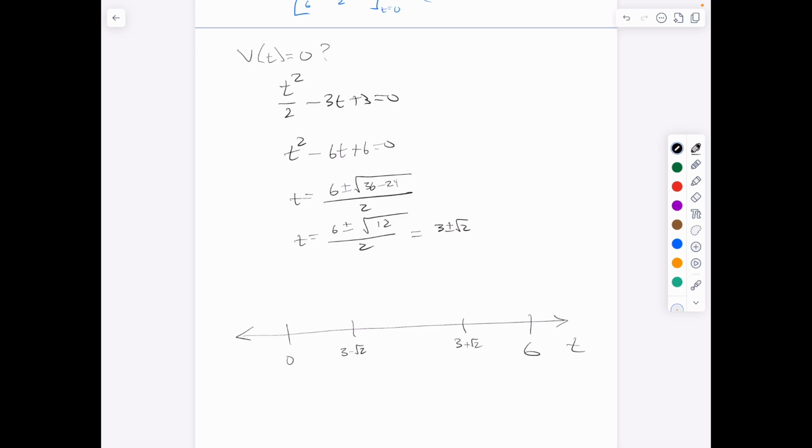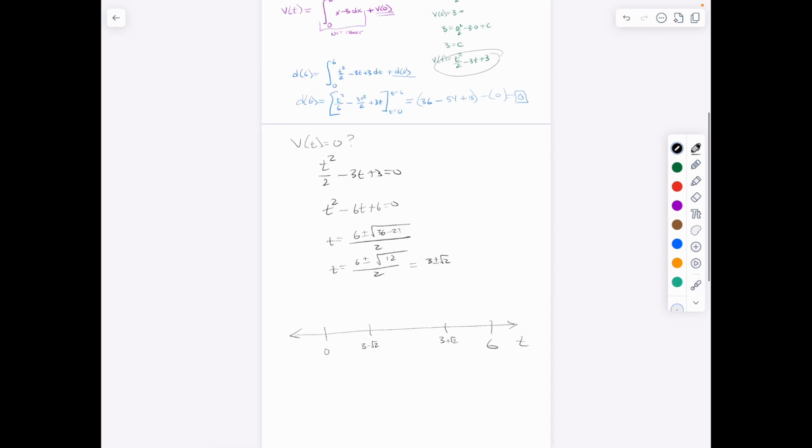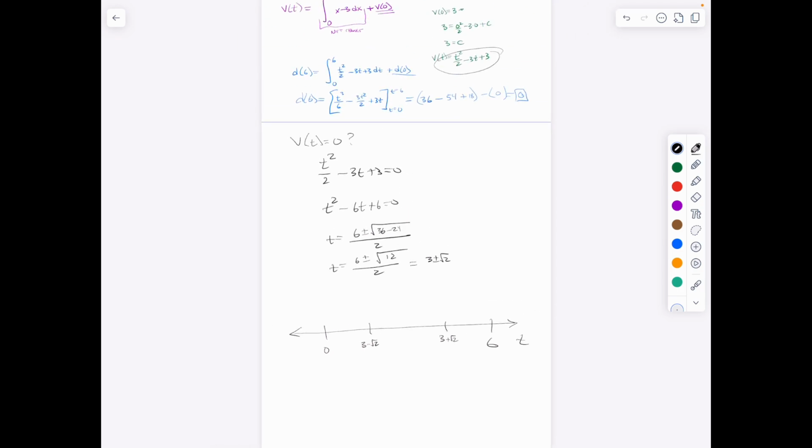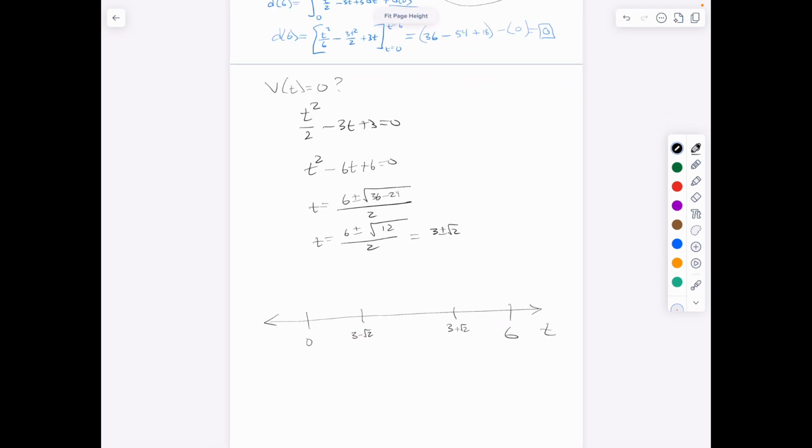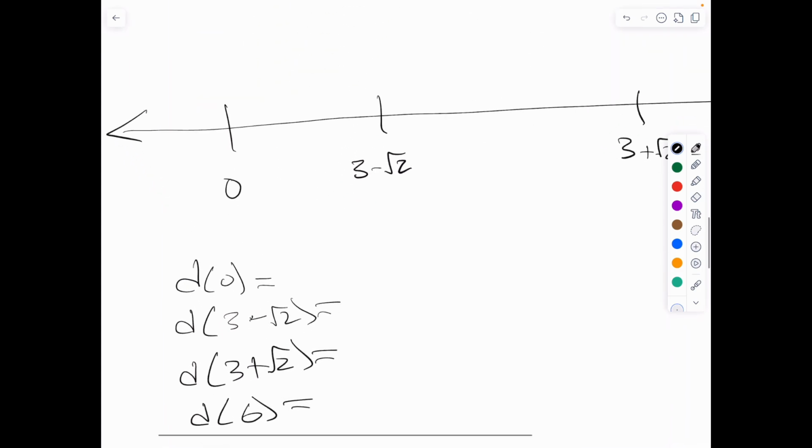So we need to know the positions at each of these points. Oh man, I picked a doozy, didn't I? So here's how I would do this: I would compute d of 0, d of 3 minus radical 2, d of 3 plus radical 2, and d of 6. And then I would figure out how far it's moved. I'm just going to pause this video so I can do those calculations.